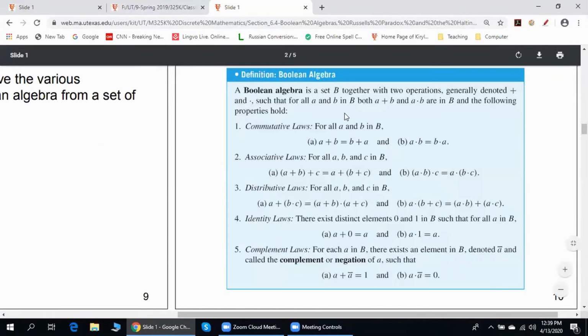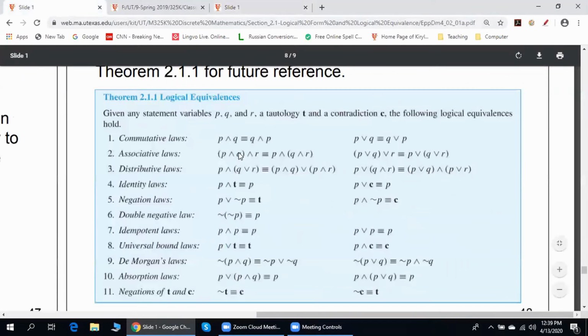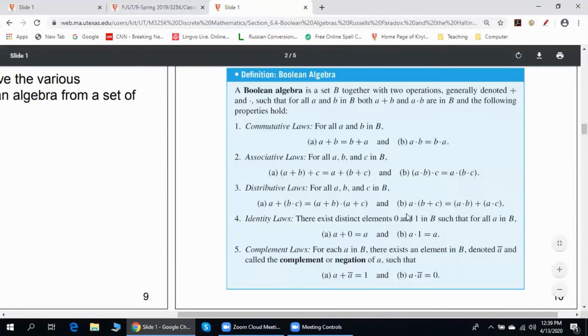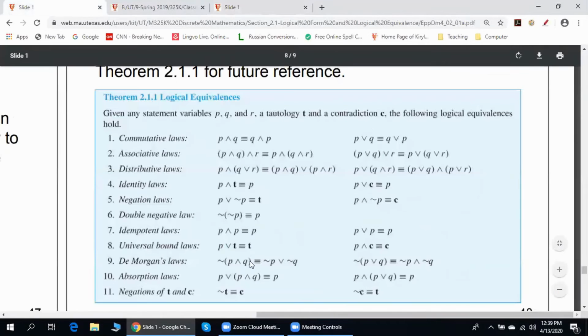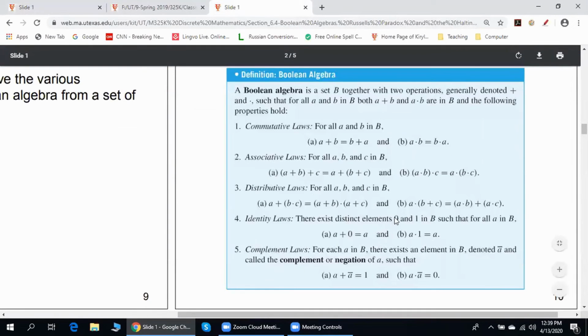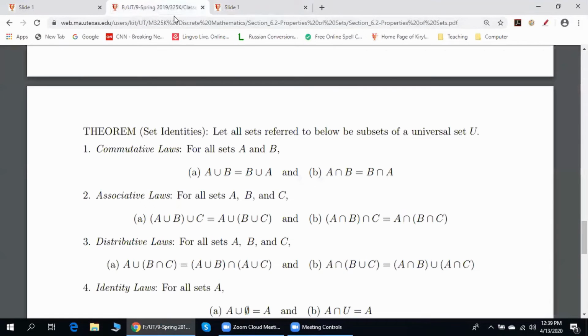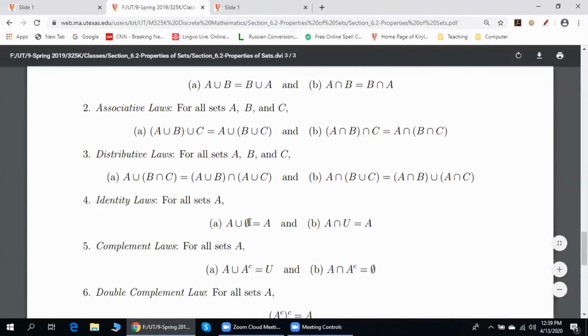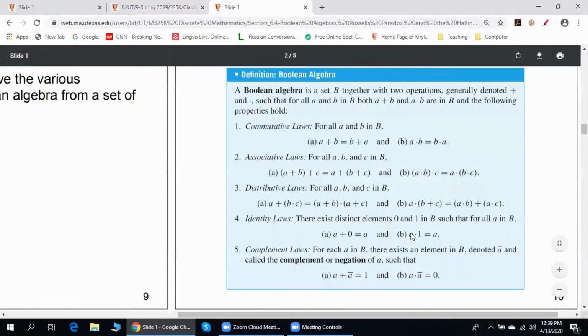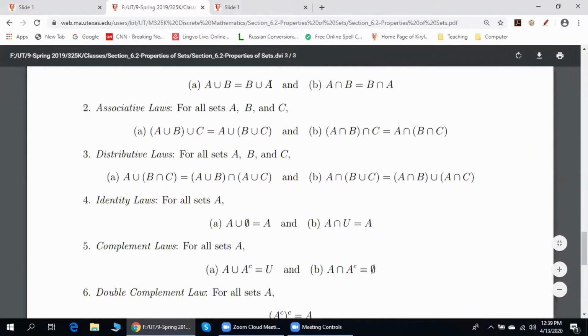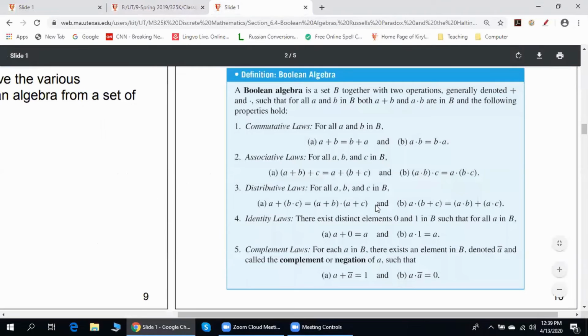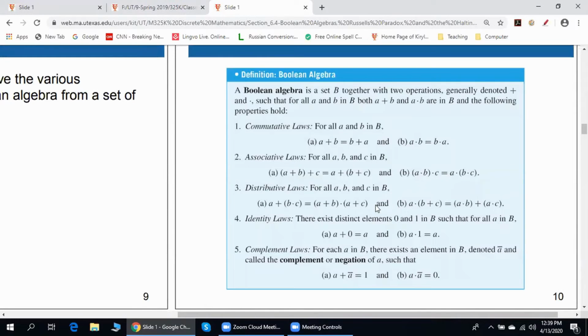Is 1 and 0 the same as true and false? 0 in logic means contradiction. 1 in logic means tautology. 0 in sets means the empty set. 1 in sets means the universal set. Does this answer your question? Yeah, I got it. Thanks.